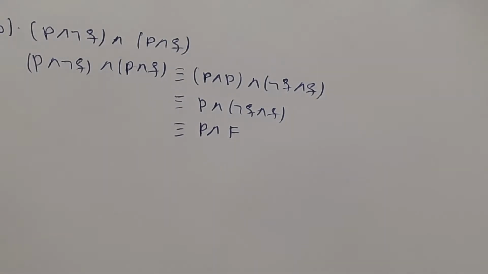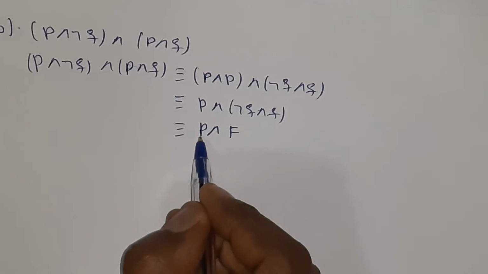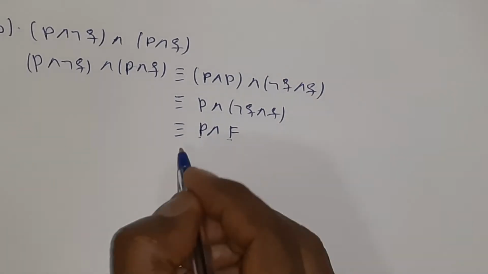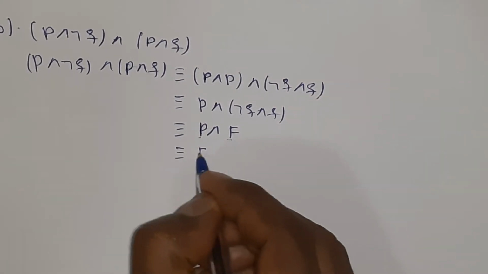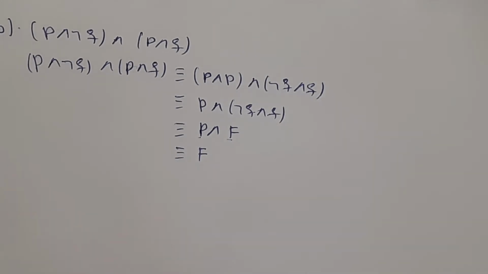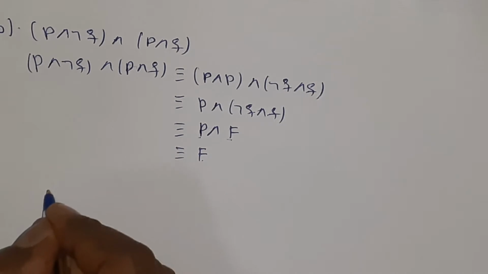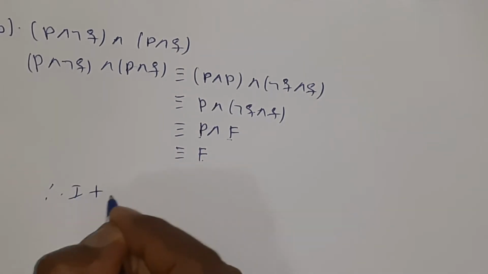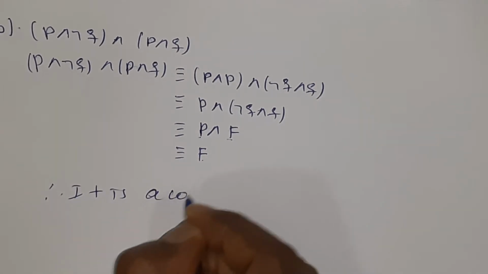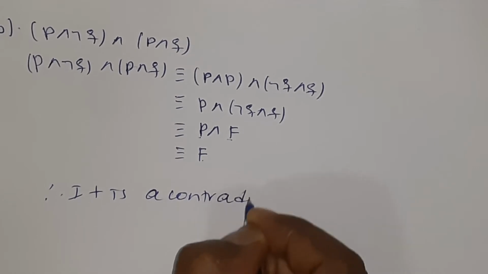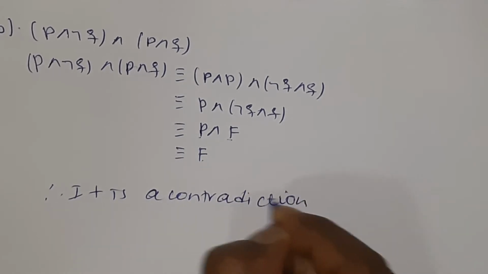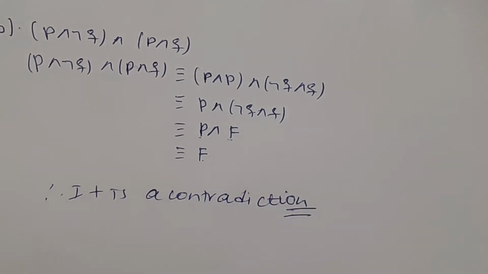So whatever the truth value of P here is, since this one is false, this is false. Therefore, the truth value of the given compound statement is false. Therefore, the compound statement is a contradiction. Contradiction.